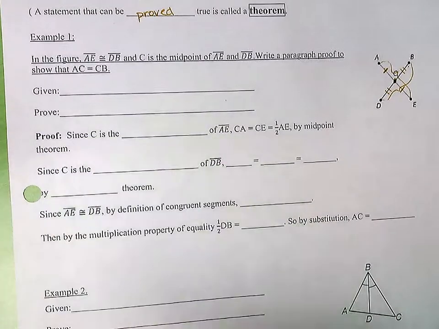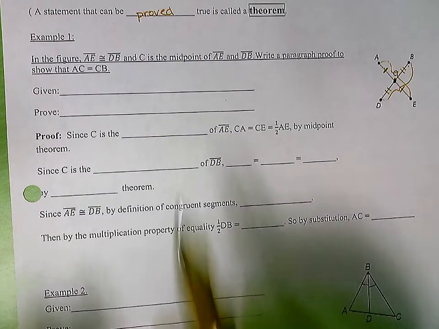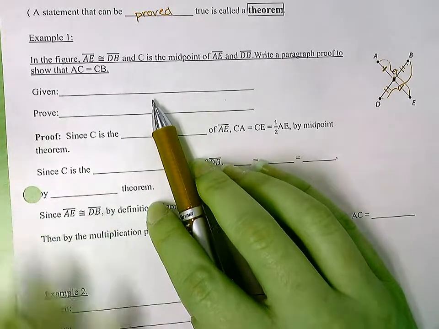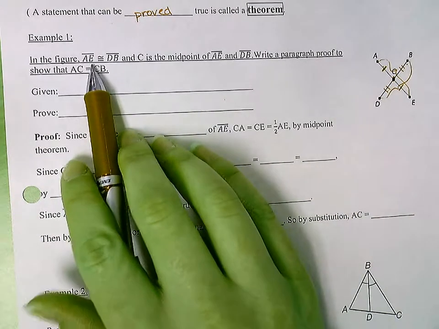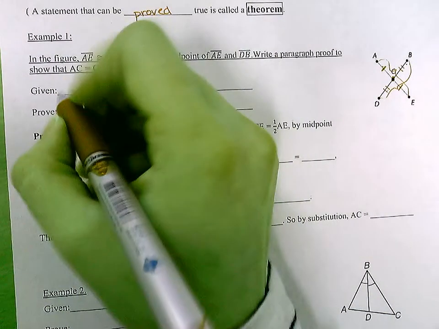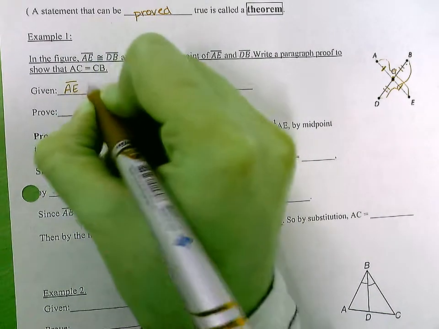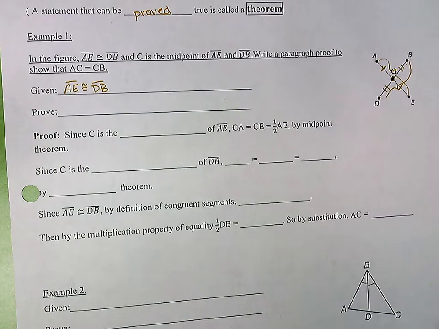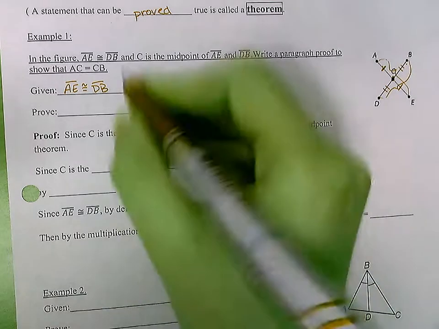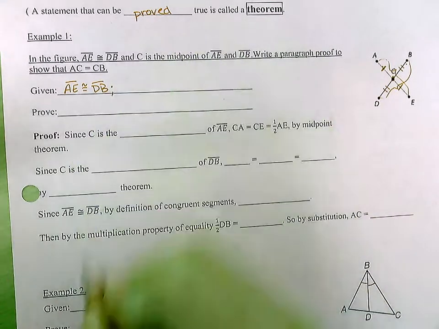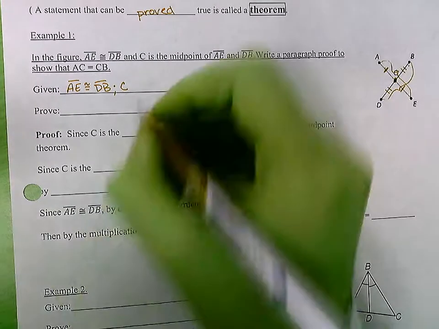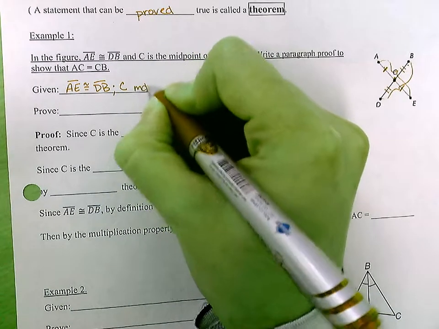Now for our paragraph proofs here, we still want to write out our given information. Okay, so part of our given information was that segment AE is congruent to segment DB. Okay, now with that given information, I also had point C. So C is the midpoint, and I'm going to abbreviate.